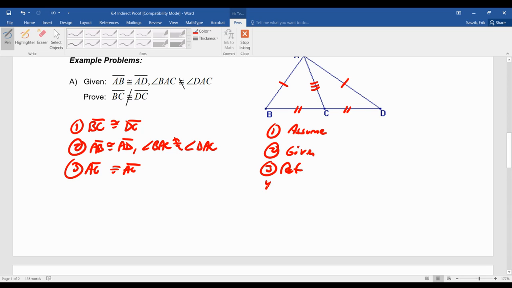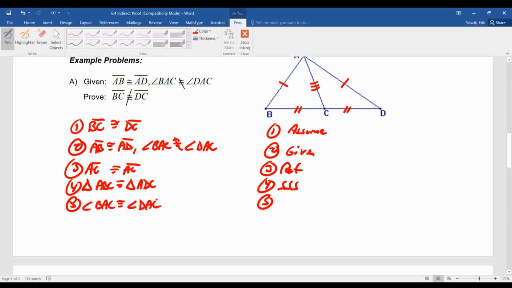So clearly, we're going to have SSS here, right? Triangle ABC congruent to triangle ADC. And then we say the angle BAC is congruent to angle DAC.